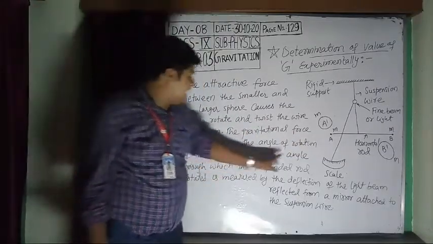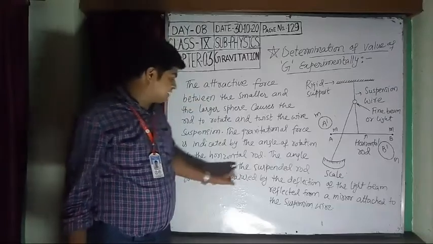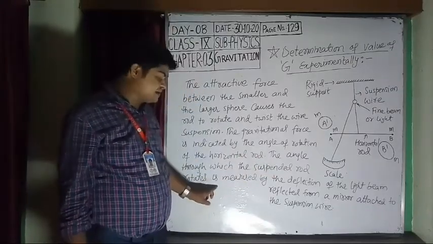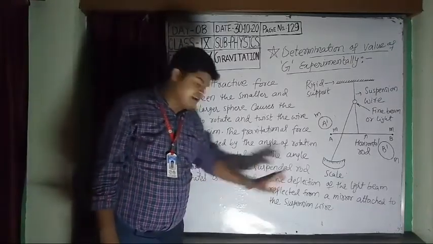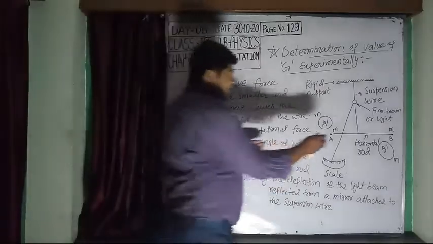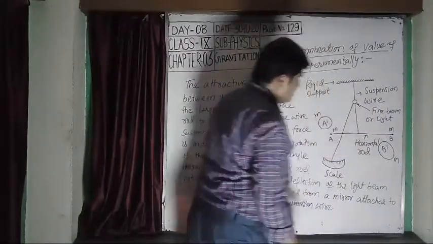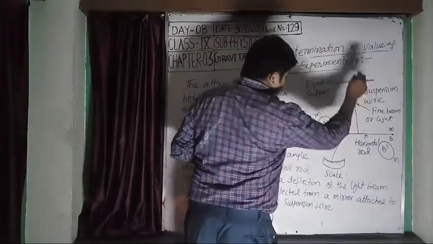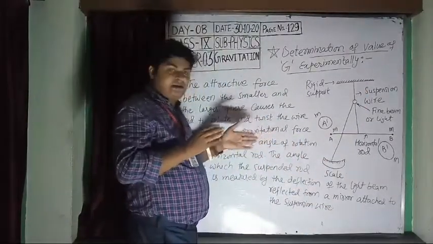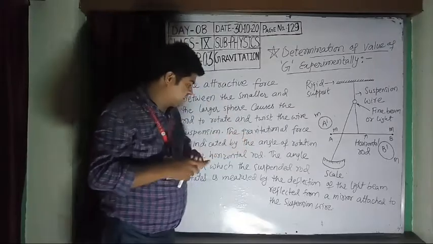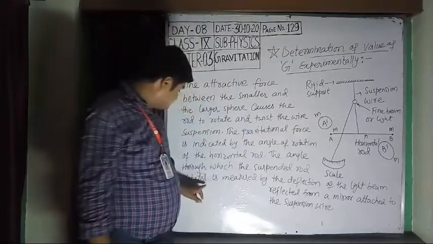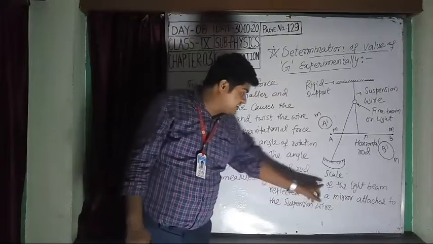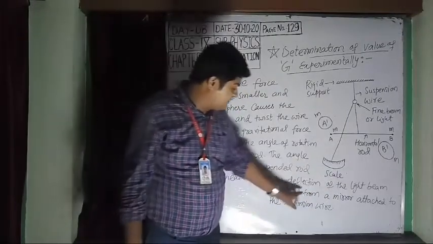The angle through which the suspended rod rotates is measured by the deflection of the light beam reflected from a mirror.